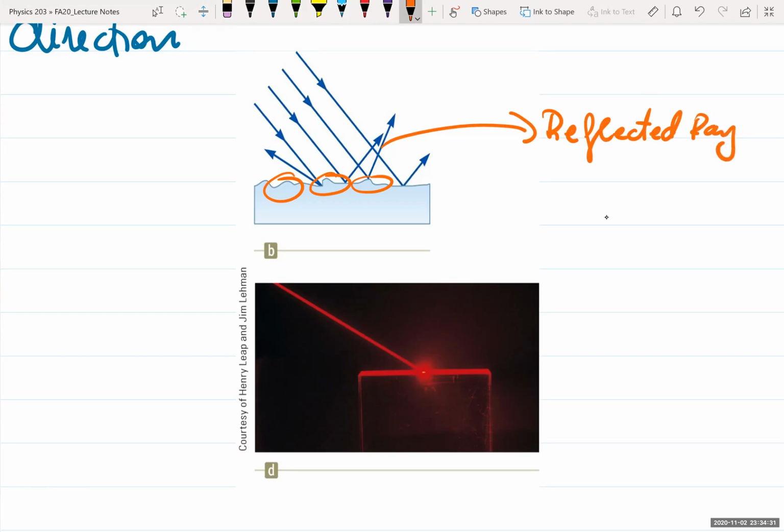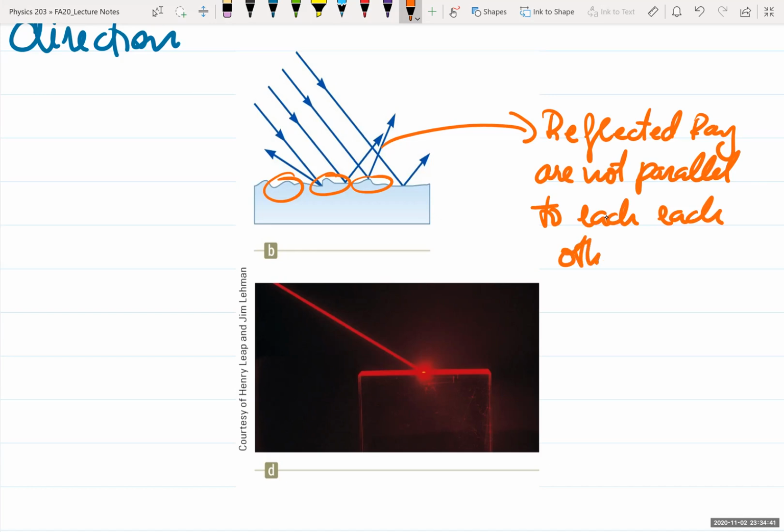Like I said, most of the objects that we are able to see are due to the fact that we have this diffuse reflection.